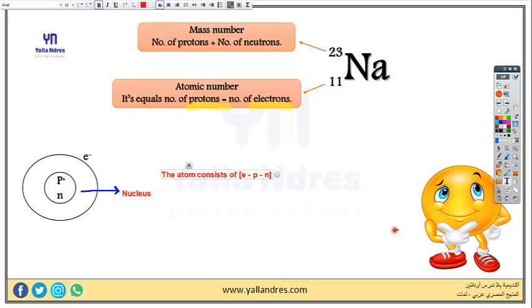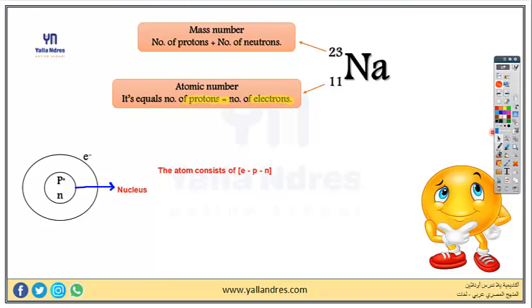If I ask you about your mass, the mass is the total amount of your body. So, the mass of the atom is the total amount of electrons, protons, and neutrons. Right? Sorry, but it is wrong.